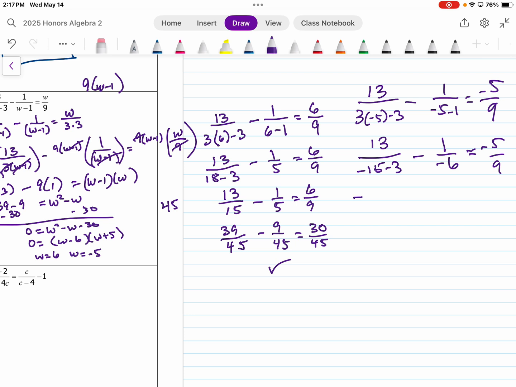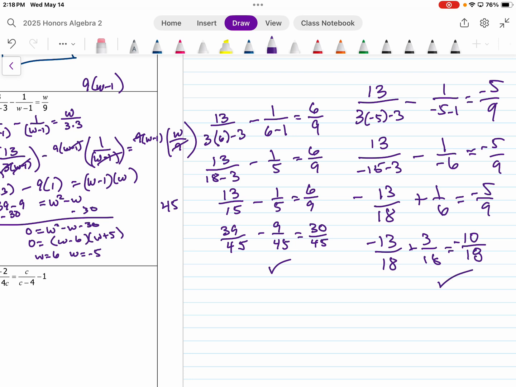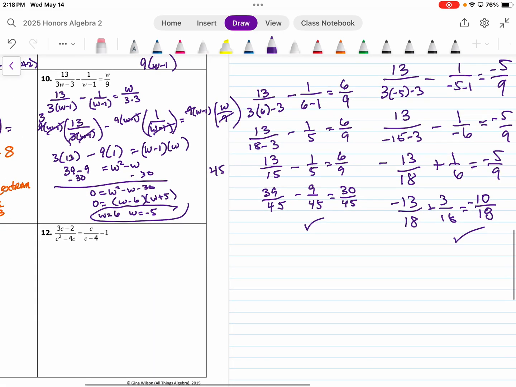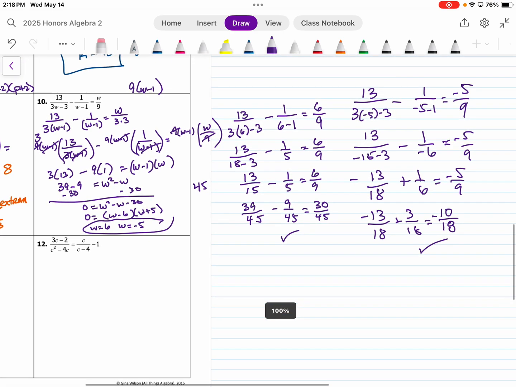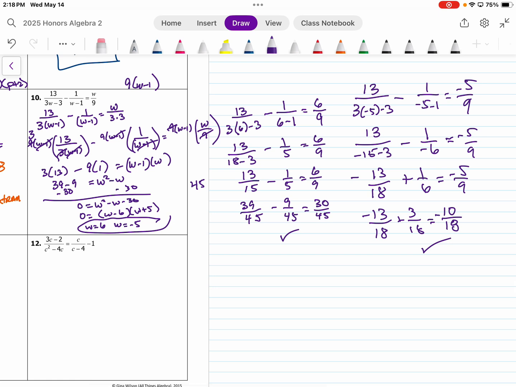So that's negative 13/18 plus 1/6 equals negative 5/9. 18 is the least common denominator, so negative 13/18 plus 3/18 equal to 10/18, and a negative 10/18 to be exact. Yes. So those are both my solutions. Again, checking it's tough. It takes a while.